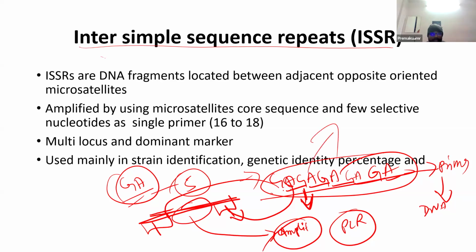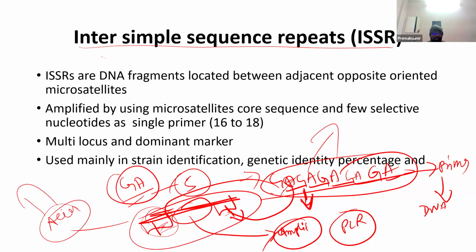This ISSR needs no sequence information, and it can bind anywhere wherever it finds its complementary sequence. Across the genome there may be, say, 10 such chances, hence you get 10 bands. But from which locus you are getting that band, you don't know. Understood what is ISSR?